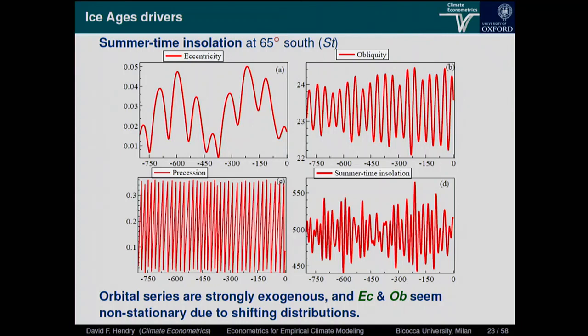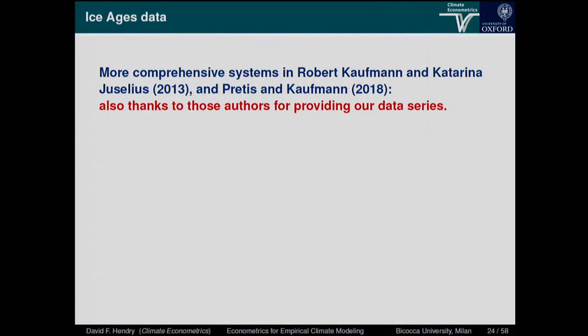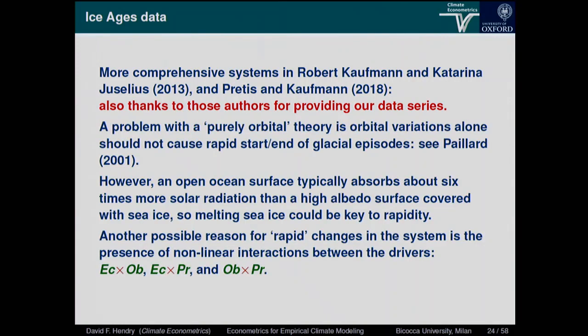I'm not going to use that, but I'm just going to show you people have tried to calculate what we might call sufficient statistics of the orbital behavior like that. Now, there have been very comprehensive systems by Robert Kaufmann, who's here with Katerina Juselius, and Robert with Felix Pretis, who's my co-director of Climate Econometrics, and thanks to you for providing us with the data. Now, econometricians are dreadful with data.